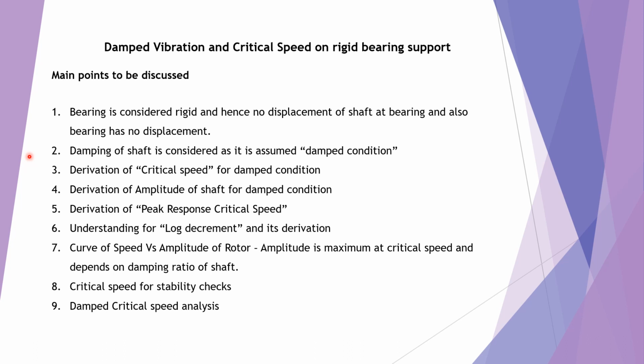Then derivation of critical speed, derivation of amplitude, derivation of peak response, then understanding of log decrement, and the curve of speed versus amplitude of rotor. Amplitude is the maximum at critical speed and it depends on the damping ratio of the shaft. Critical speed for stability checks, and finally damped critical speeds analysis. So these are the main topics for this discussion.